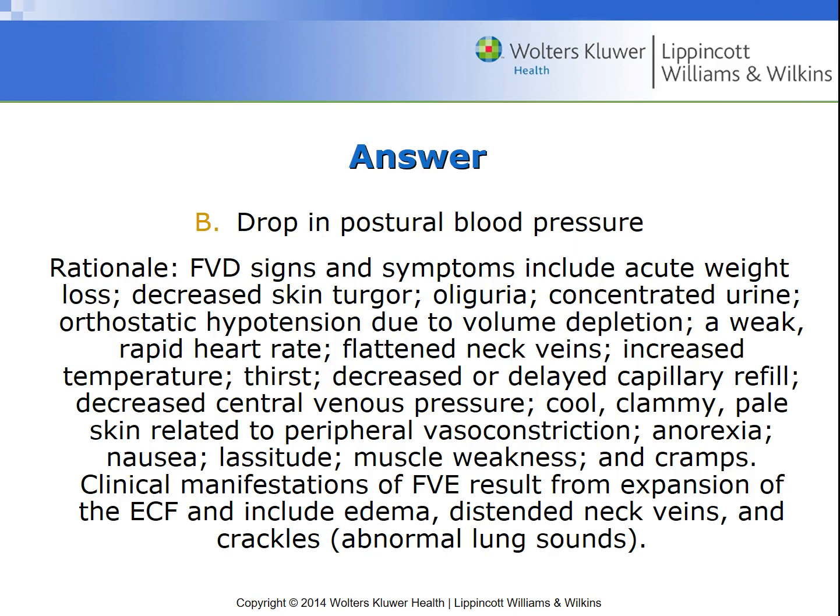Fluid volume deficit signs and symptoms include weight loss, decreased skin turgor, oliguria, concentrated urine, orthostatic hypotension due to volume depletion, a weak rapid heart rate, flattened neck veins, increased temperature, thirst, decreased or delayed capillary refill, decreased central venous pressure, cool, clammy, pale skin related to peripheral vasoconstriction, anorexia, nausea, muscle weakness and cramps.